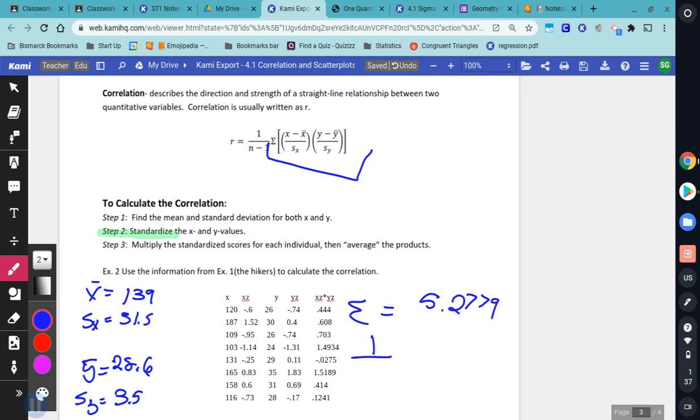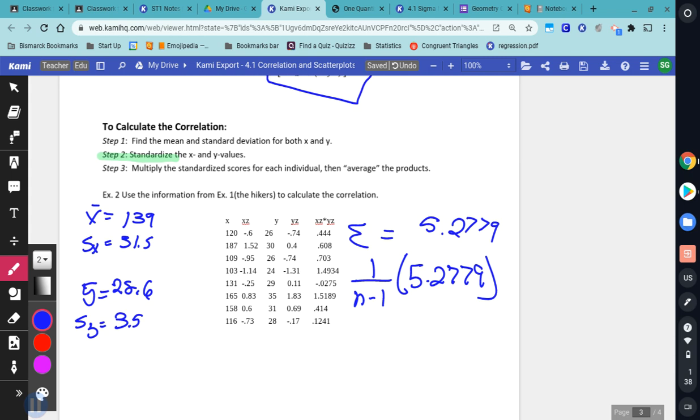So now we're going to do 1 over n minus 1 times 5.2779. Now n is the number of points on the scatter plot. It's not, so there's 9 of them. No, 1, 2, 3, 4, 5, 6, 7. There's 8 boys. N is 8. Not, there's 16 numbers, but 8 of them are x's and 8 of them are y's.